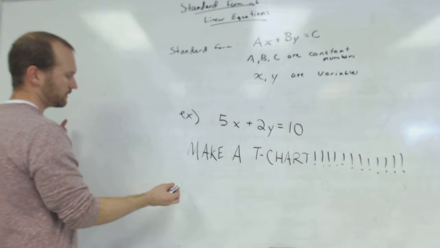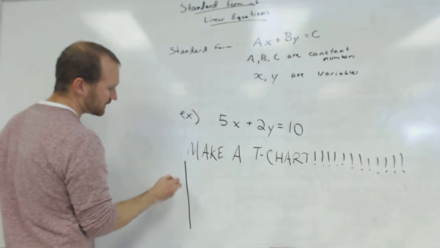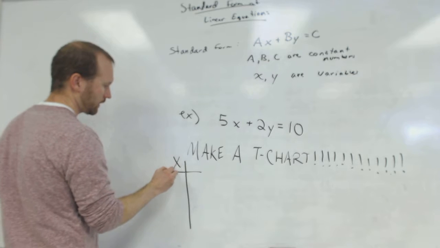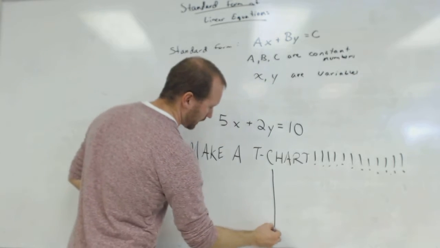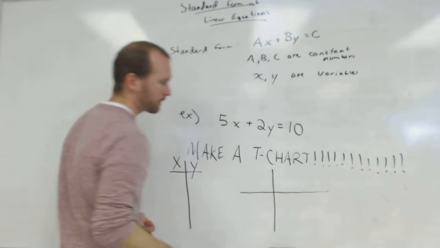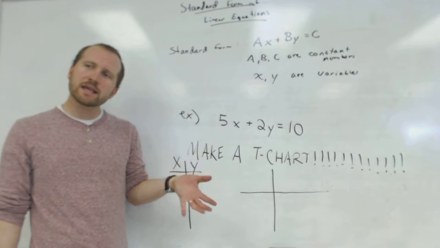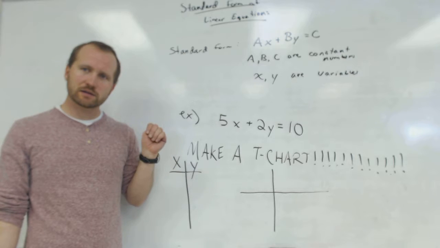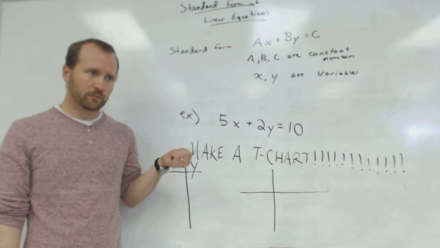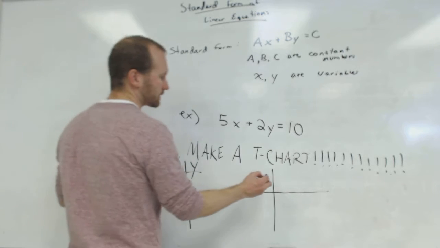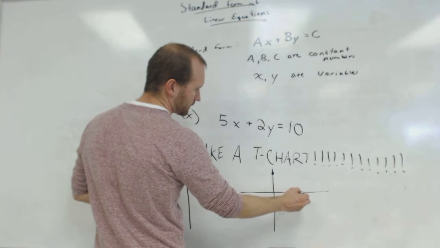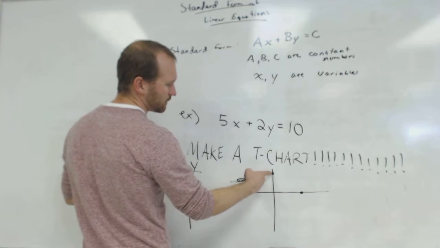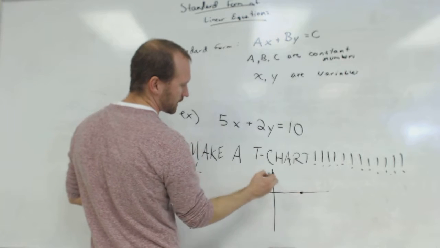So here's what you do. To make your t-chart, we know that with standard form, the easiest points to find, typically, are the 2 points where the line crosses the axes. So this would be the y-intercept and the x-intercept.